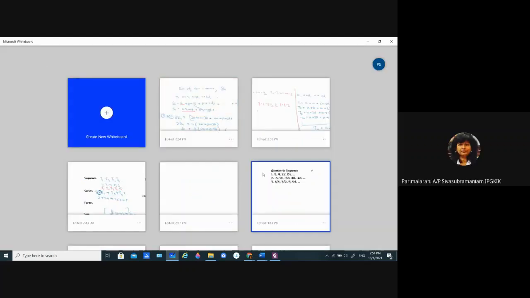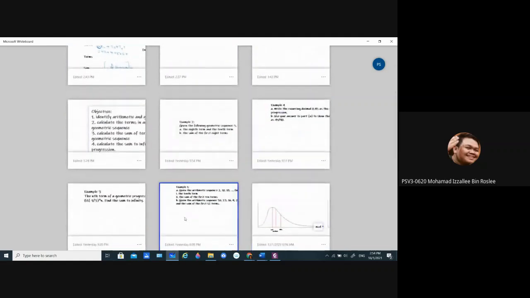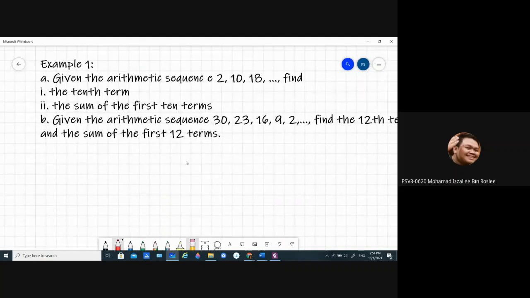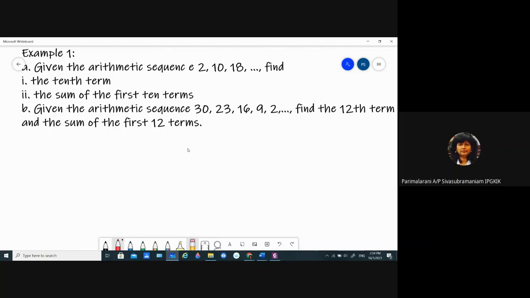We're going to look at an example. Example 1. Given the arithmetic sequence 2, 10, 18, and so on, find the 10th term.